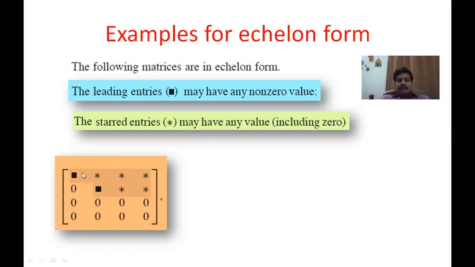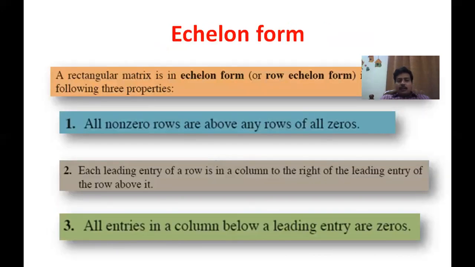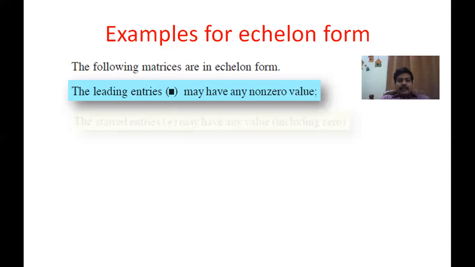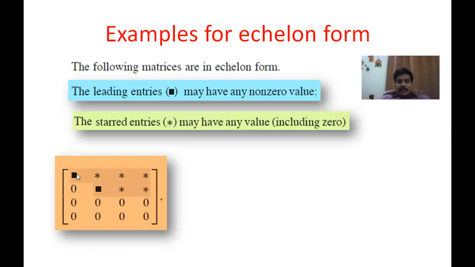This is the leading entry. Each leading entry of a row is in a column to the right of the leading entry of the row above it. This is the first leading entry, and the second leading entry is to the right of this one, and the third leading entry must be to the right of this one, and there is no other leading entry in this matrix.